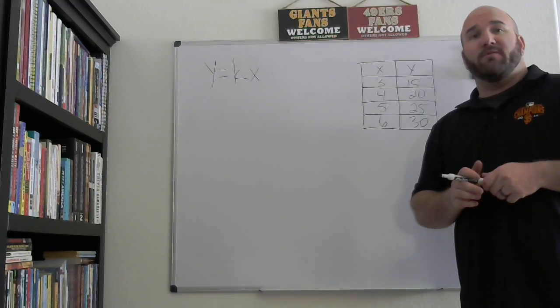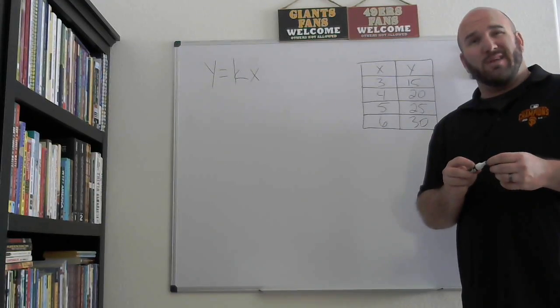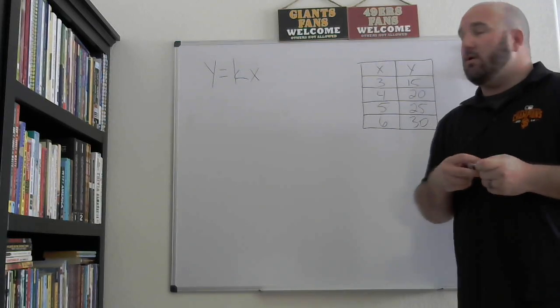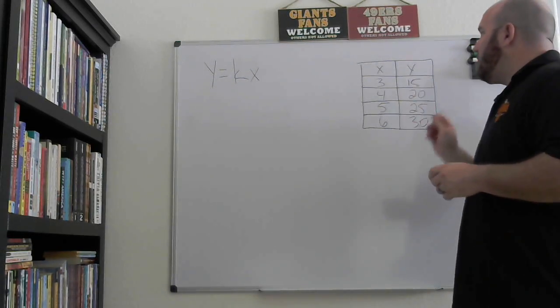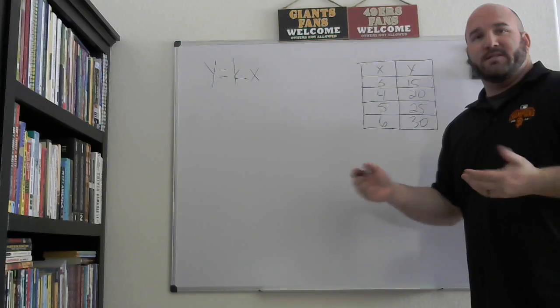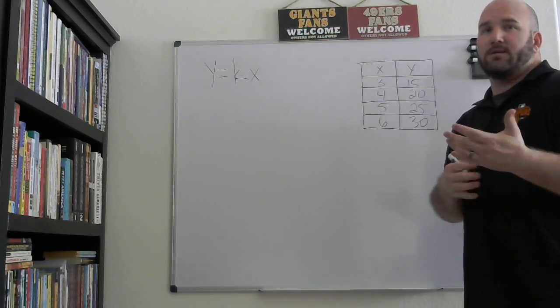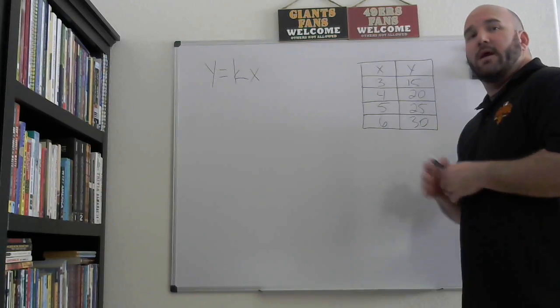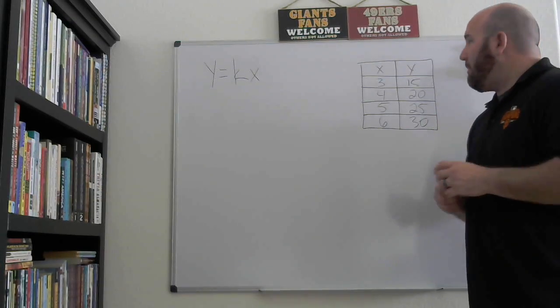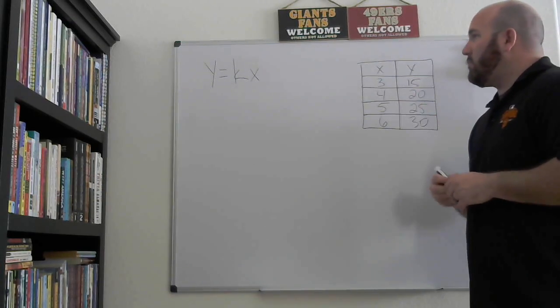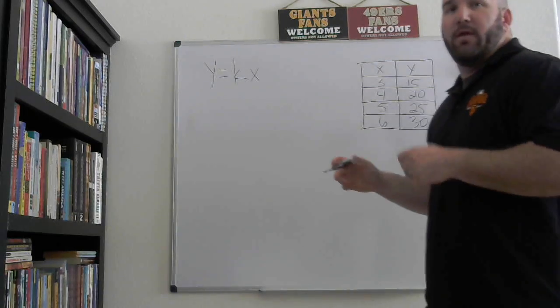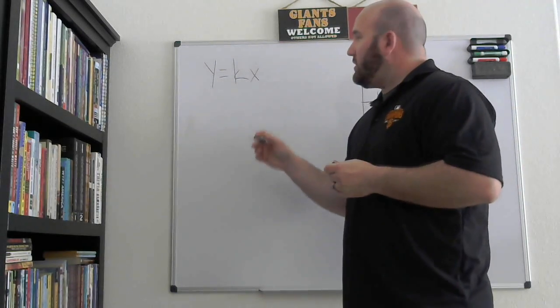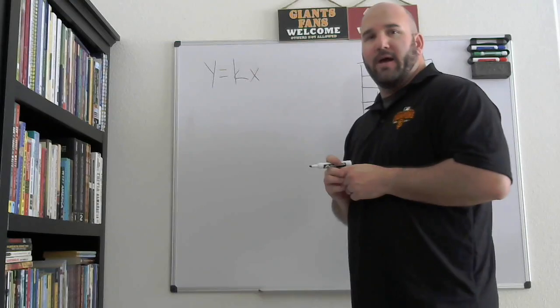Now that we know what direct variation is, let's learn a few things that we can do with it. So we have a data table here. If we have a set of ordered pairs, that's an x-coordinate and a y-coordinate, we can write a direct variation equation based on these ordered pairs. So what do we know? We know that a direct variation equation looks like y equals kx.